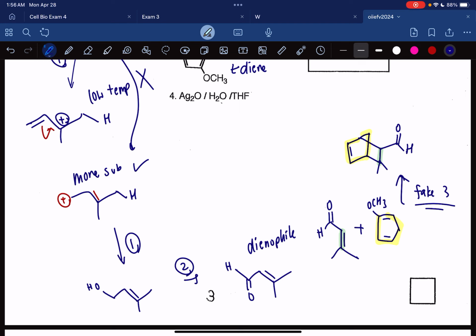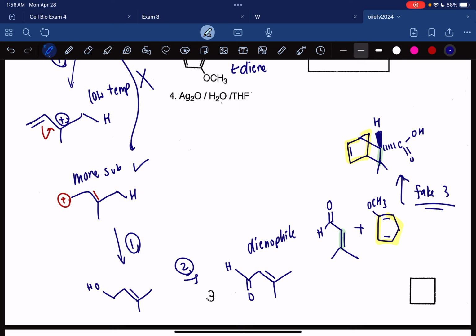And then it's also important that you put the aldehyde trans to the alkene, because you want to put it basically in the endo position, because that is more stable. So the endo position is where you want your withdrawing group to go. So that's going to be on a dash there.